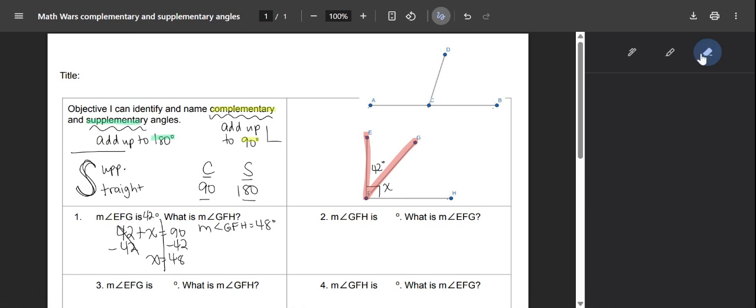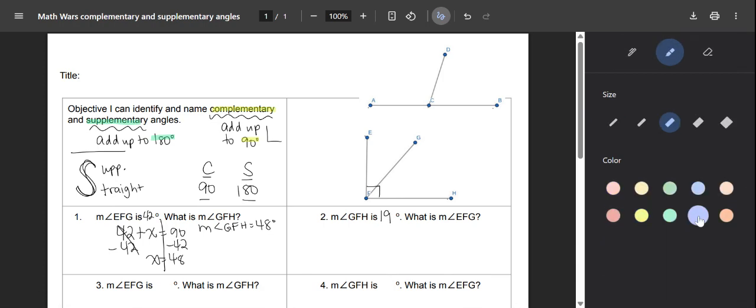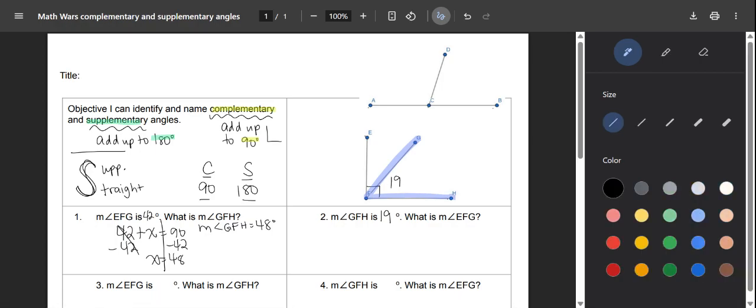Okay, now we have problem number 2. That tells us that the measure of GFH is 19 degrees, so let's trace that angle. We don't know the other one, but we do know that both of those angles will add up to 90.